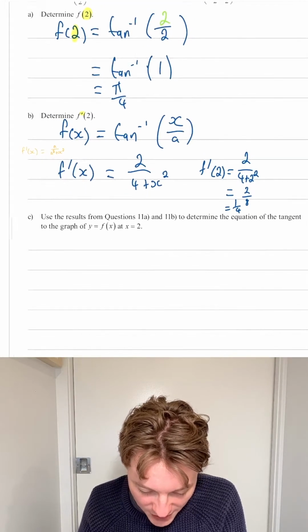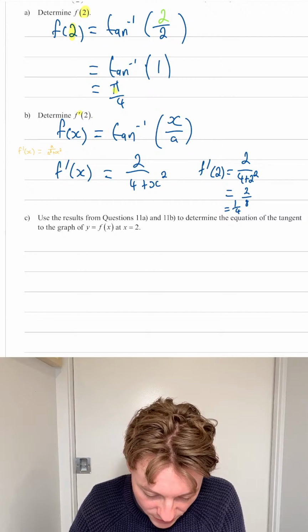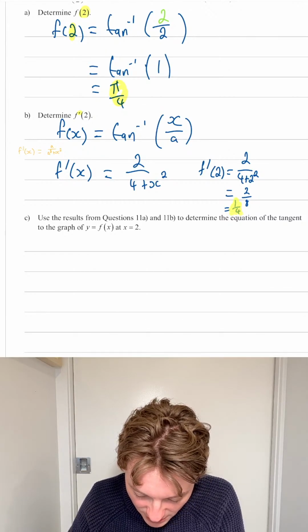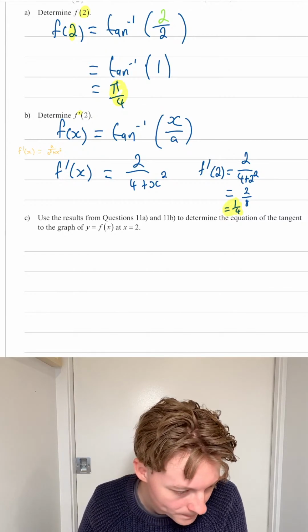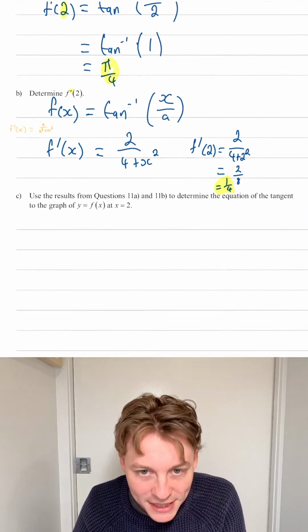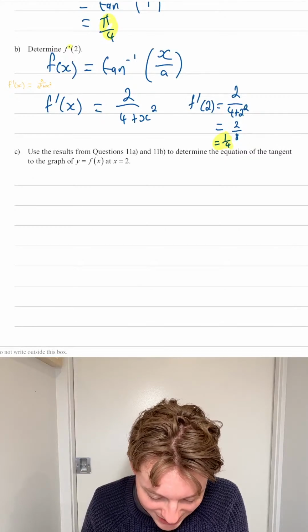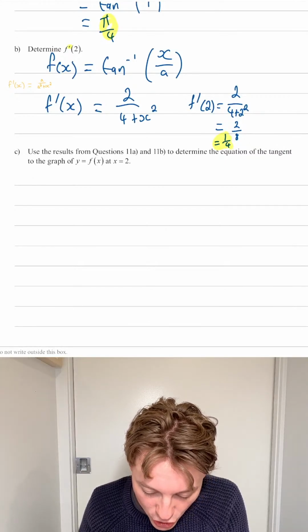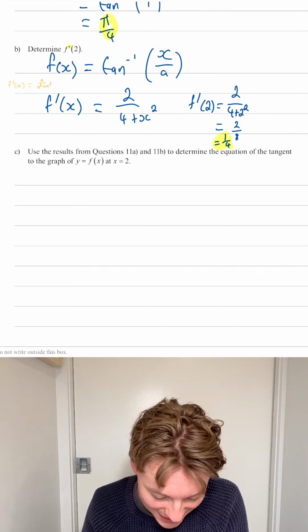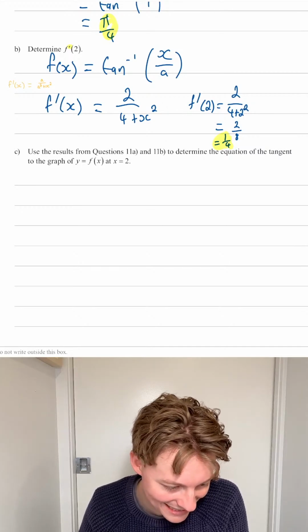So I've got these two values. For part A, I have the answer of pi on 4. For part B, I've got the answer of 1 on 4. If I come down to part C, it says, using the results from questions 11A and 11B, determine the equation of the tangent to the graph at x equals 2.